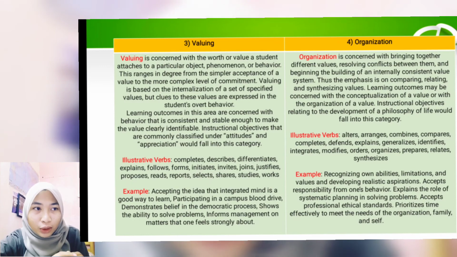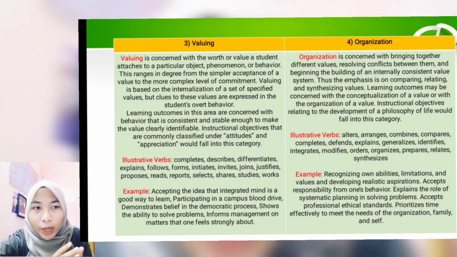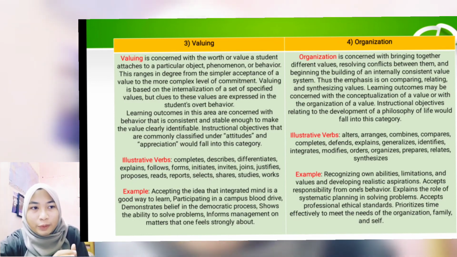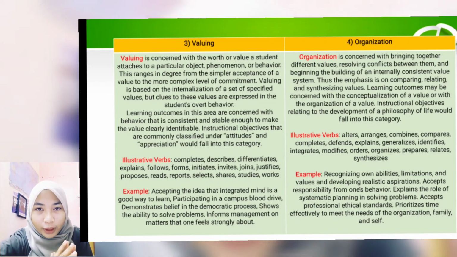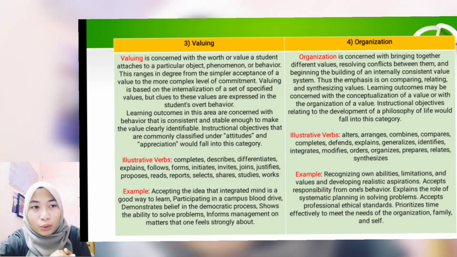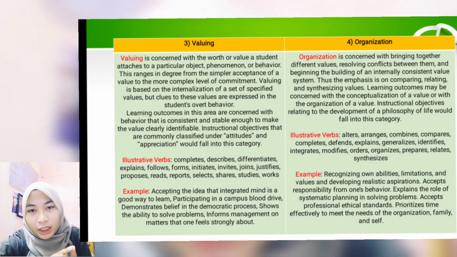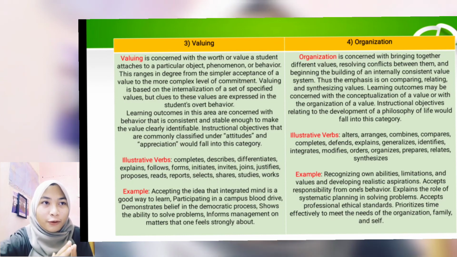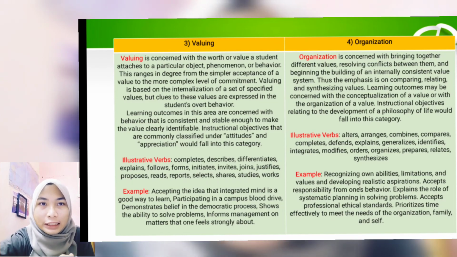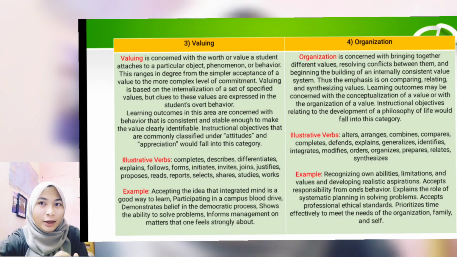It also includes responsibility for one's behavior, and explaining the role of systematic planning in solving problems. Other words that we can use are alter, arrange, combine, complete, define, explain, and so on, as you can see. So that's all from me, and I pass to my friend for the last level.